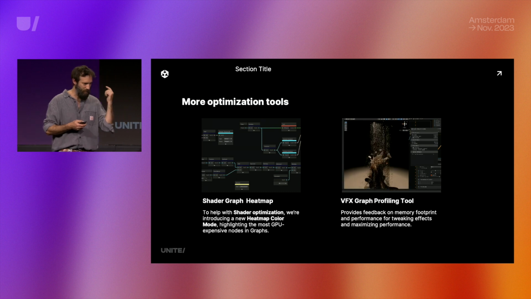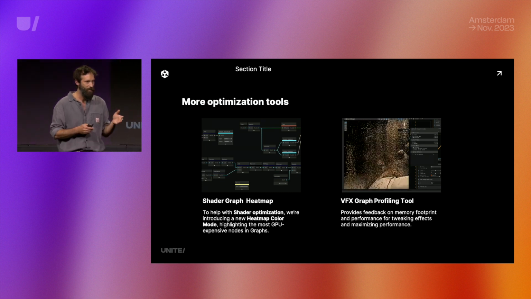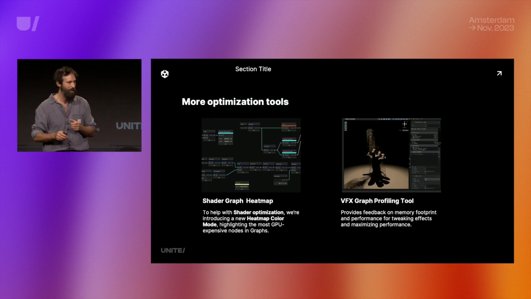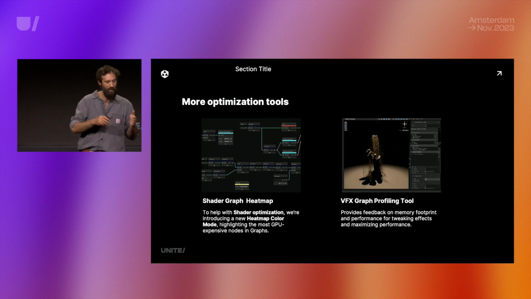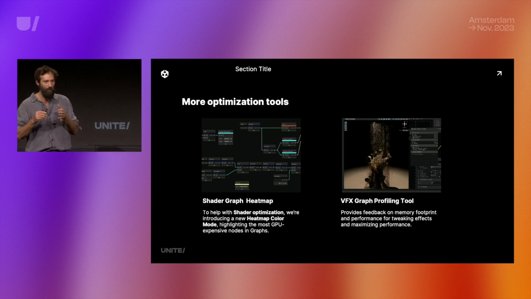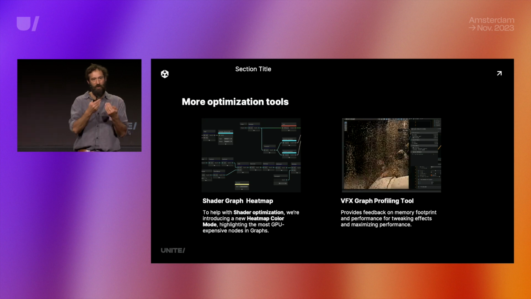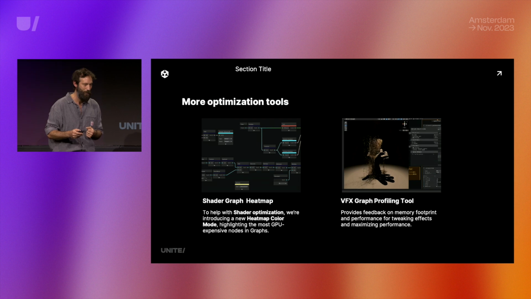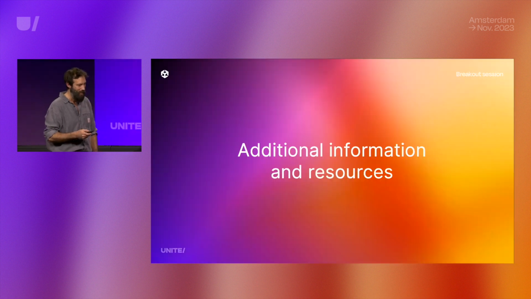So now there is a Shader Graph heat map, which shows you with a color code which part of the shader is more or less expensive, which are the expensive nodes. And similarly in VFX Graph, you have profiling tools to give you memory and performance consumption across the VFX Graph. So a lot of things, right?